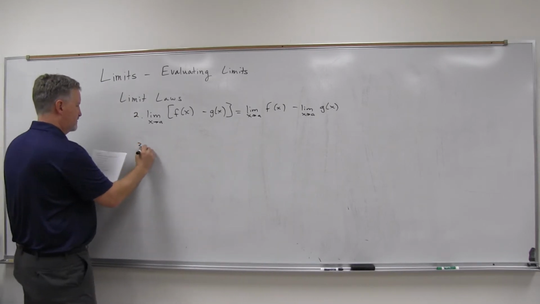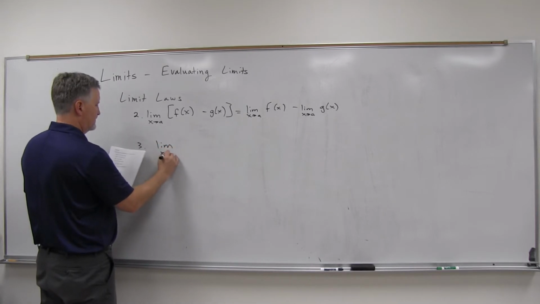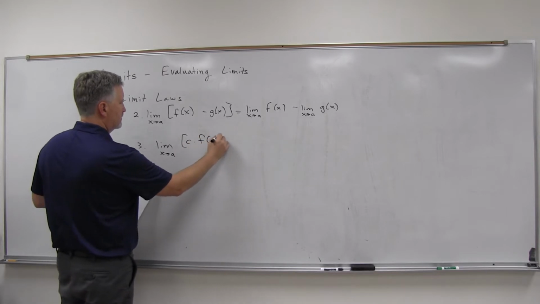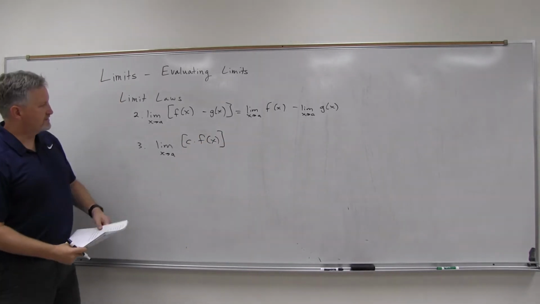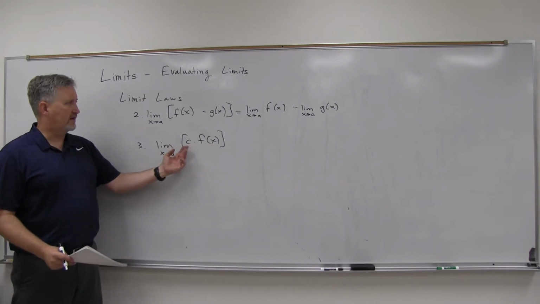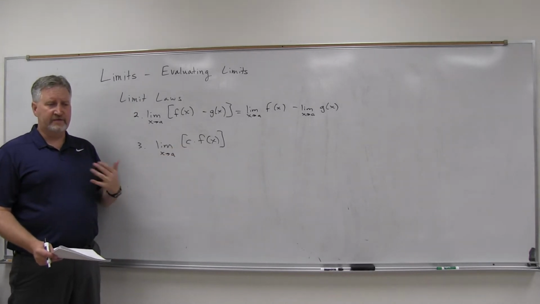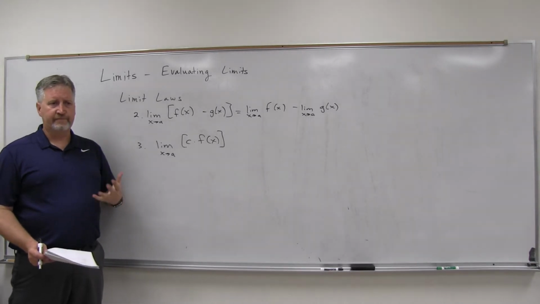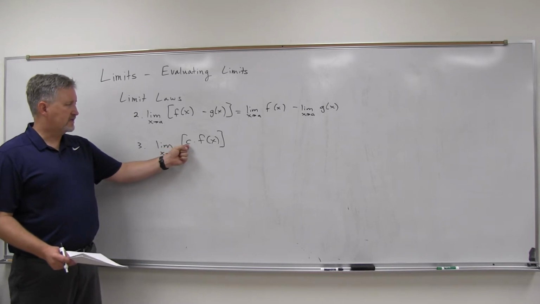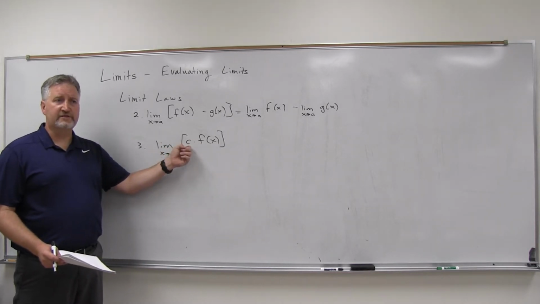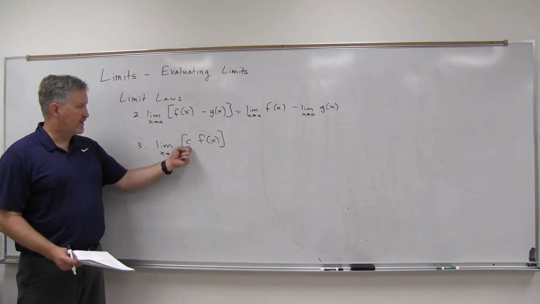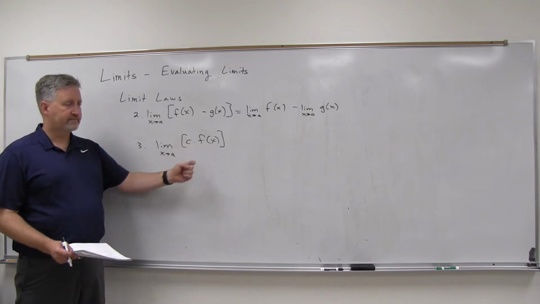Number 3 is somewhat different, so let me mention it. On limits, x is approaching a. In a rule of thumb in most math books, x is the variable, but the letter c designates a constant. So it's just a number. So I've got a number times some function of x.